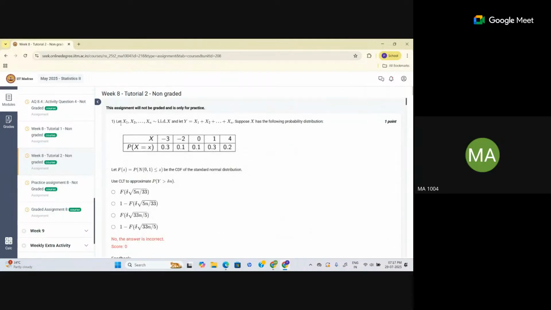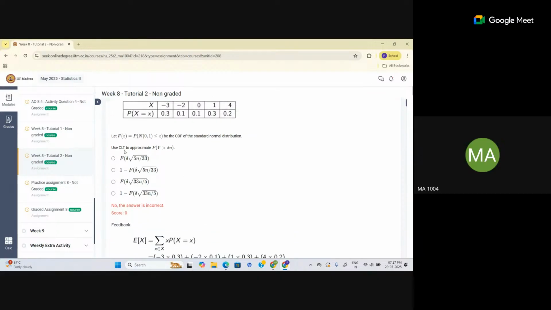Okay, so X1, X2 up to Xn are i.i.d., the distribution of X is given, and Y is the summation of those variables. Then you have to use the CLT to approximate this.